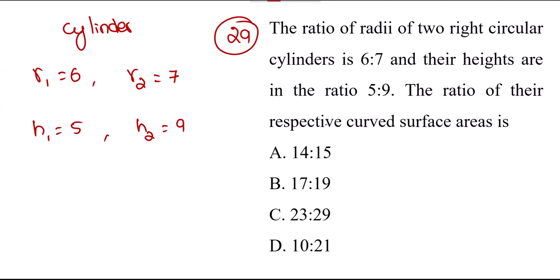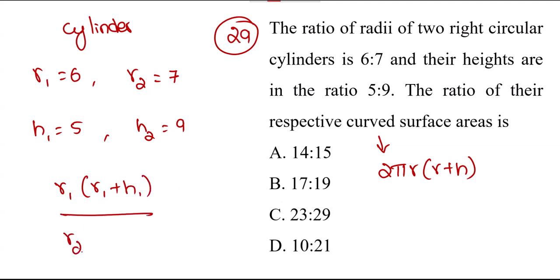Now, for a cylinder, the surface area is 2 pi r into r plus h. Perfect. 2 pi r into r plus h. Now for that ratio, 2 pi cancels. So it's r1 into r1 plus h1 divided by r2 into r2 plus h2.